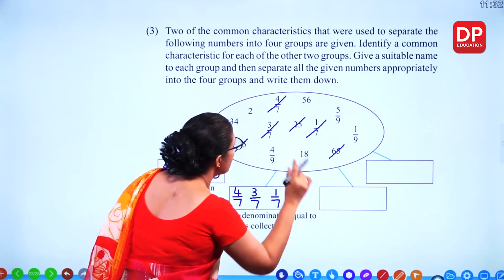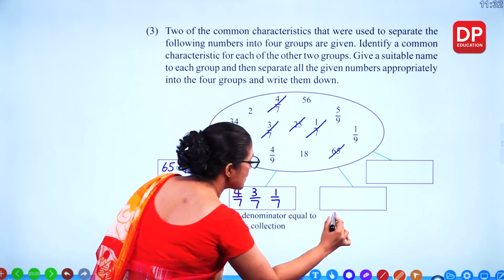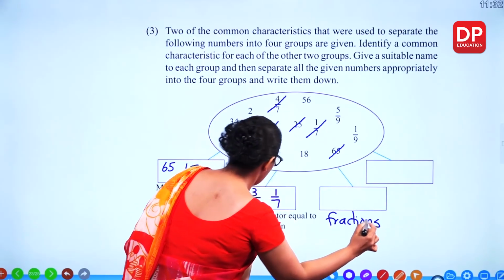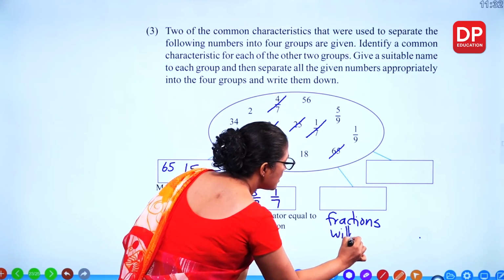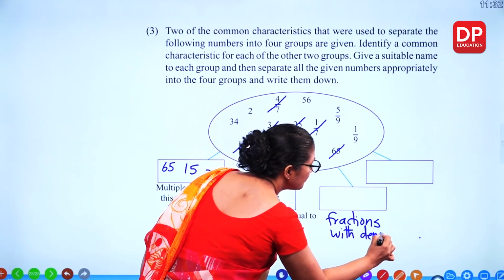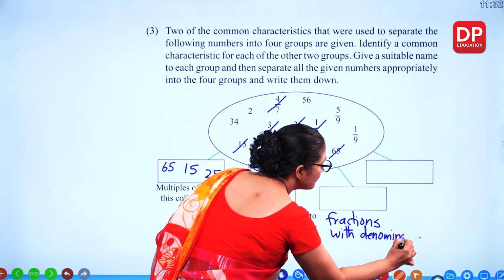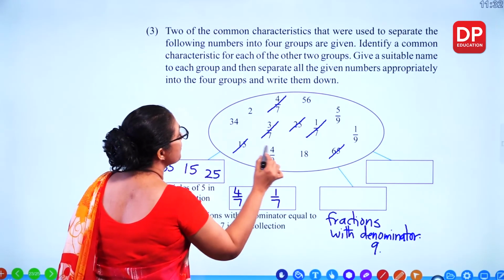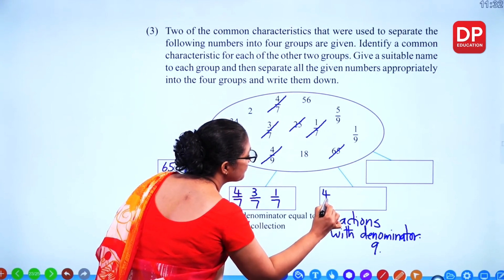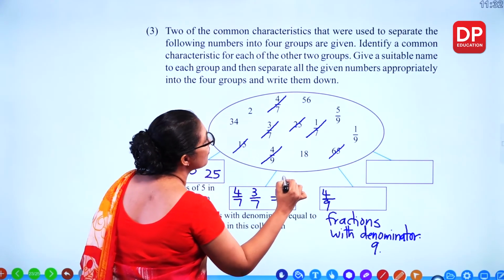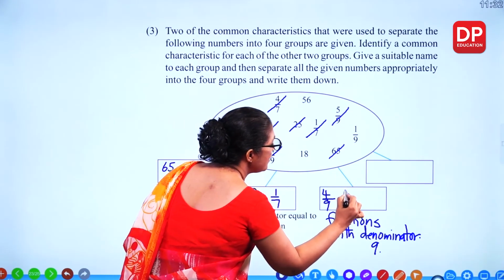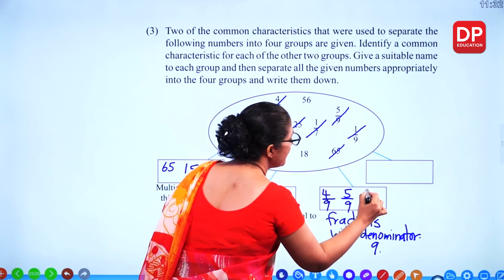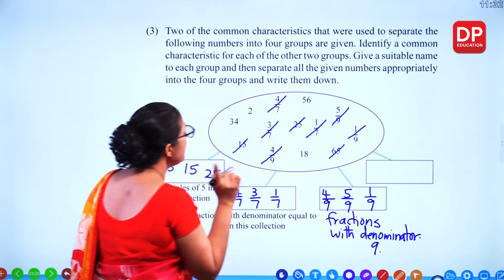So we can make another group as fractions with denominator 9. So what are those? 4 over 9, 5 over 9 and 1 over 9.